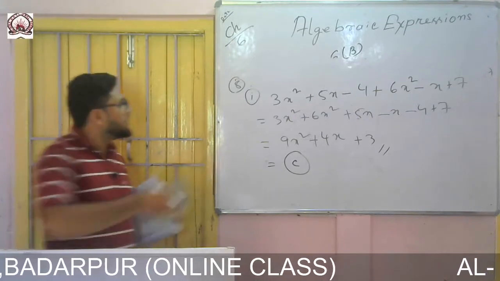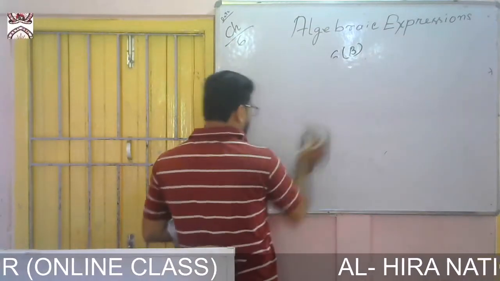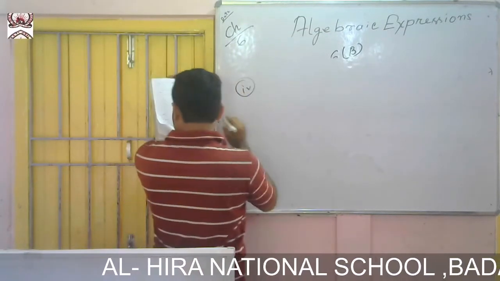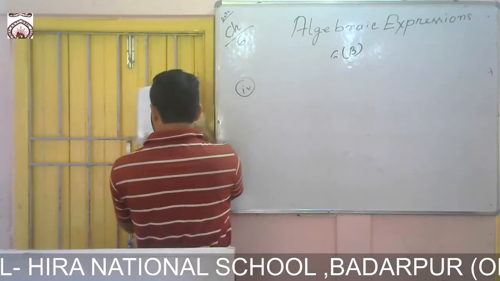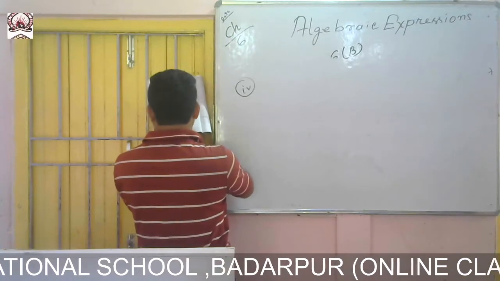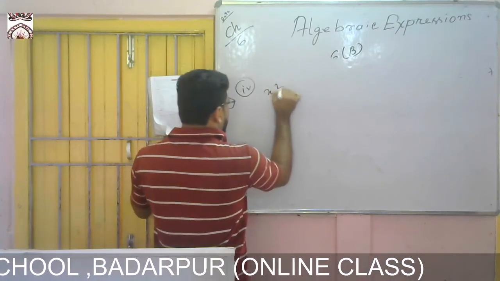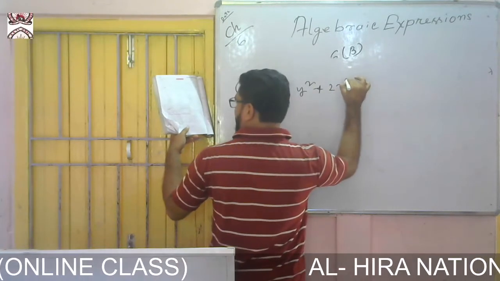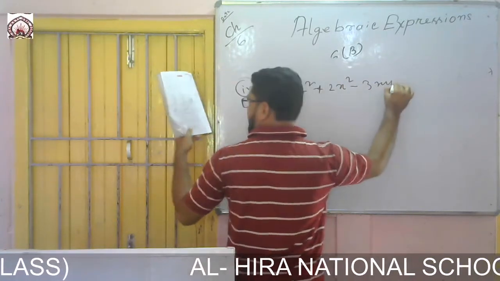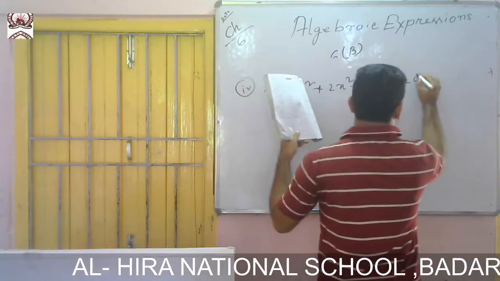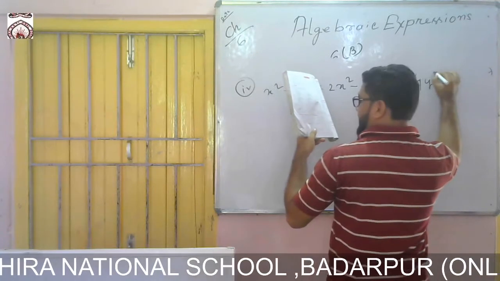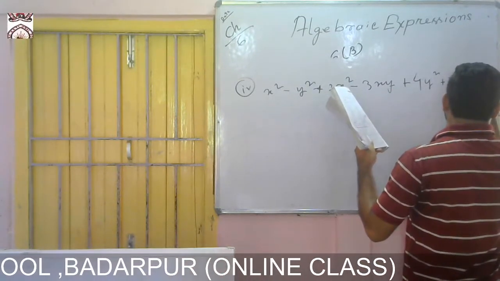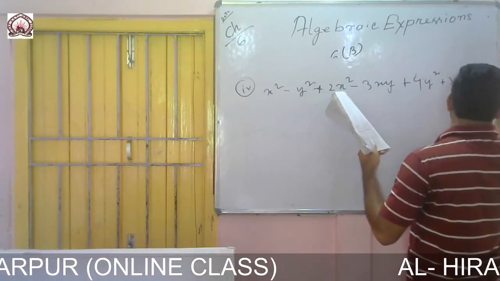Question number 4, you see what is there: x square minus y square plus 2x square minus 3xy plus 4y square plus 3y square minus 5xy minus x square.